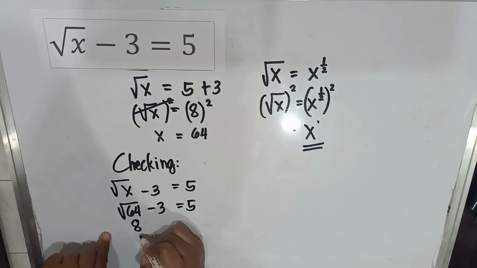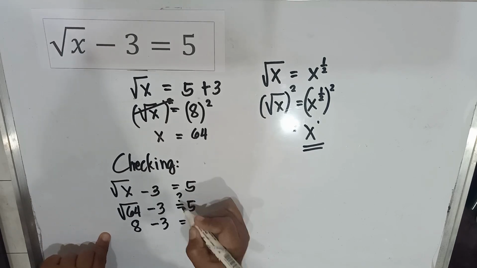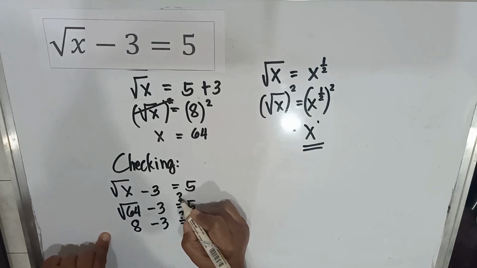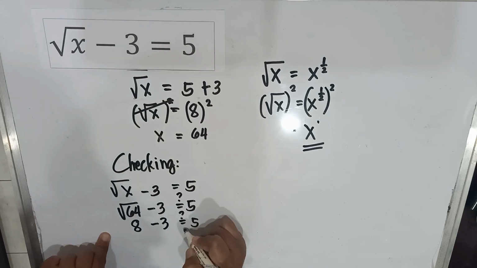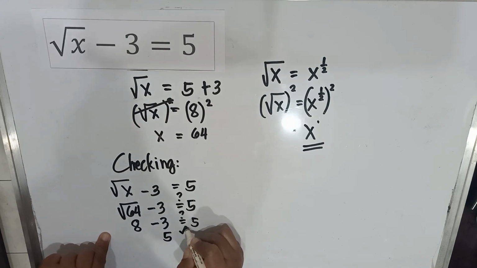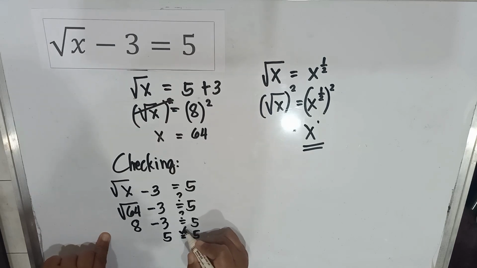Because 8 times 8 is 64, the number under the radical symbol. Minus 3 equals 5. This part, we are not yet sure if that is really equal to 5, so that's why I put a question mark here. 8 minus 3 is 5, which is really equal to 5. That's why I put a check mark here.